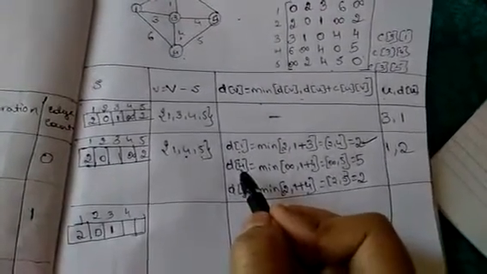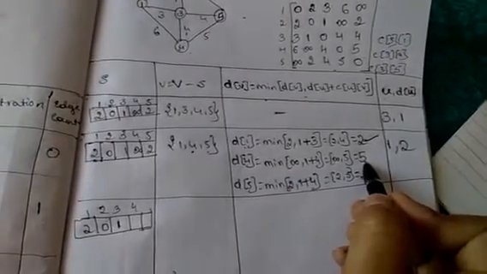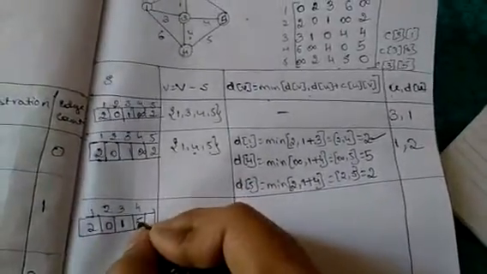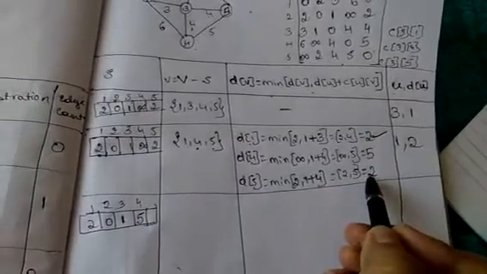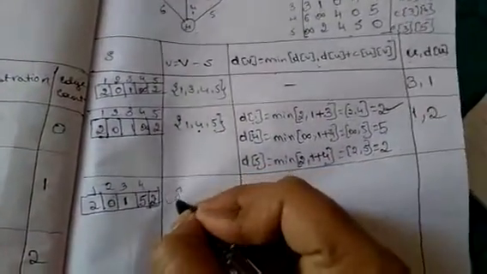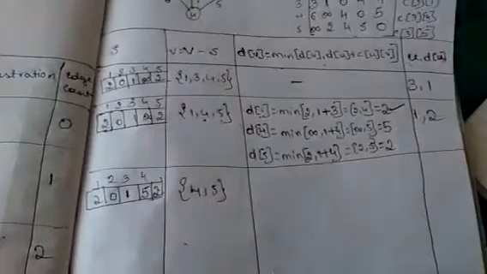And d of 4, that is 2 to 4, I have calculated it as 5 in this step. So instead of this infinity, you have to update this as 5. Here 5 is 2. Here also it is 2. I'll just take it as 2. So now here 1 is also visited. Unvisited vertices are 4, 5.